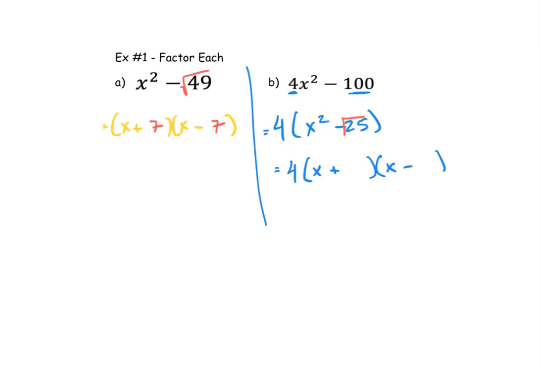The square root of 25 is 5, so it'll be x plus 5, x minus 5. It's important to note that you should be taking the square root of just 25, not negative 25. If you try to take the square root of negative 25 on a calculator, you will get an error because no two numbers could multiply to give us a negative. So we would just need to be taking the square root of 25.